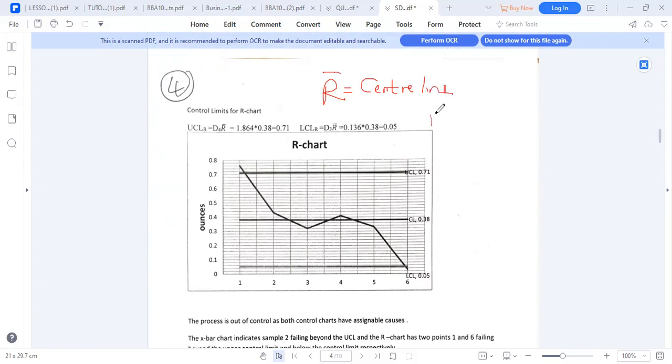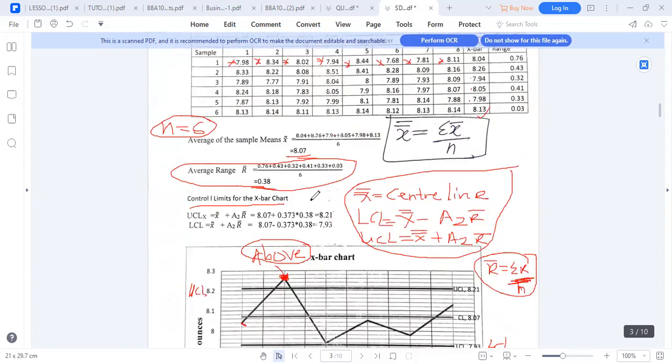And then how will we get our R bar? It is equal to summation of R over N. Of course, where these other figures are coming from, the 0.3 is coming from the table. So the tables are provided using N equals 6, and we'll go for A2. That will be explained by getting down to the table.